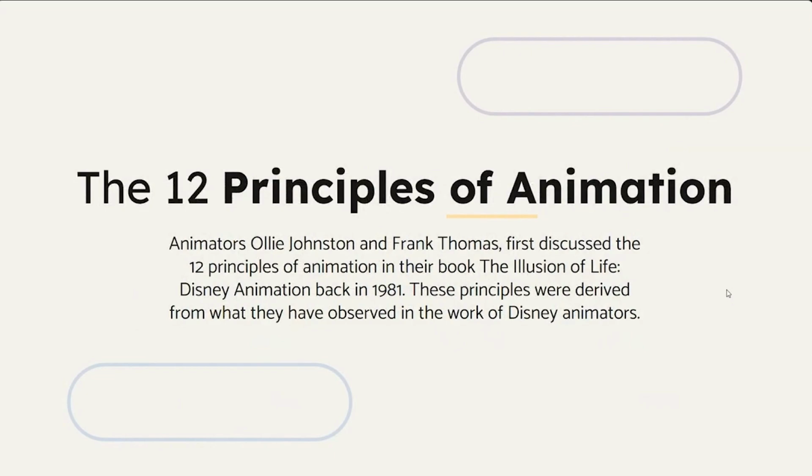So let's go through the principles of animation. There are 12 principles in total. They were created by Disney animators, and they were first mentioned in the book The Illusion of Life from 1981. The principles were derived from what they had observed working on the Disney animations and how the animators achieved the perfect movement.